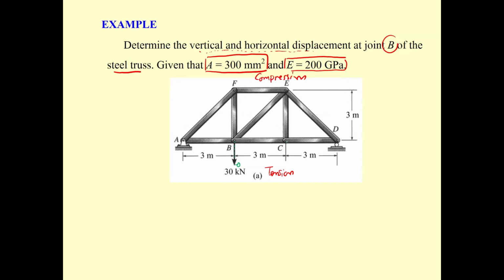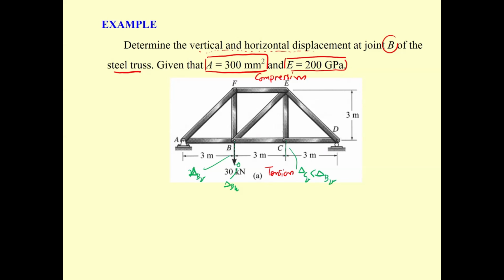And this one also, but the vertical displacement should be less. This may be delta sub BV, this one may be delta sub BH, then you have delta sub C vertical, this one for sure less than delta sub BV.